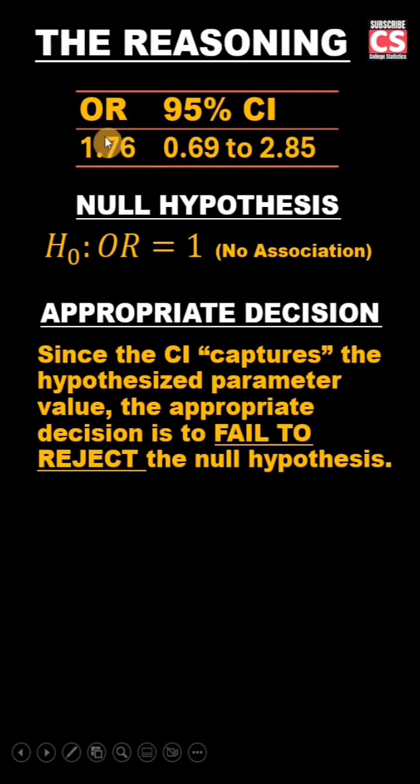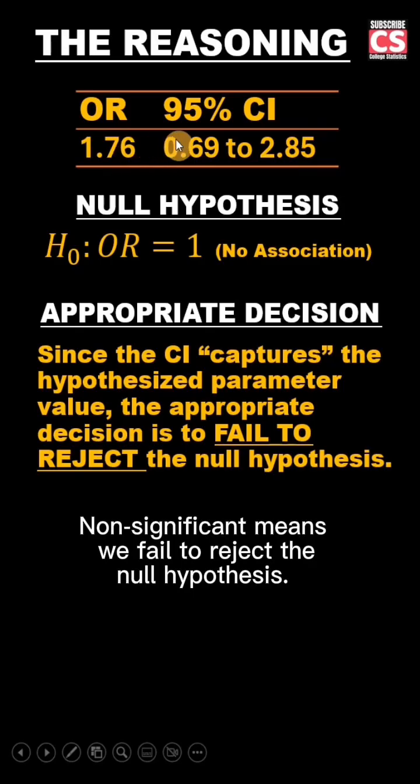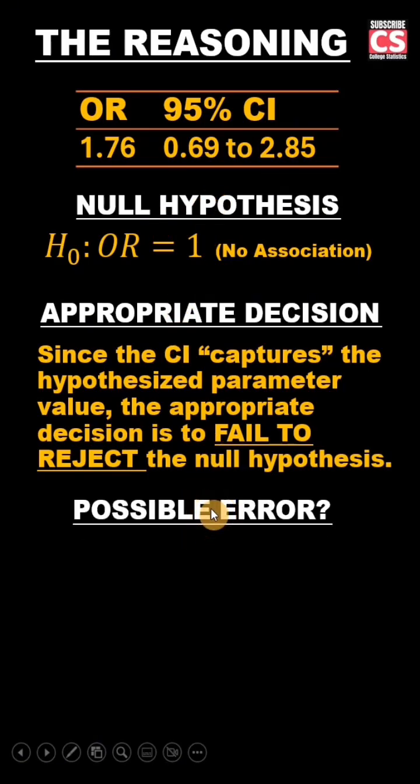That means there's too much variability in this point estimate for it to be statistically significant. And so this would be called a non-significant association. Possible risk because it's greater than 1, but non-significant because the bounds don't agree. Non-significant means we fail to reject the null hypothesis.